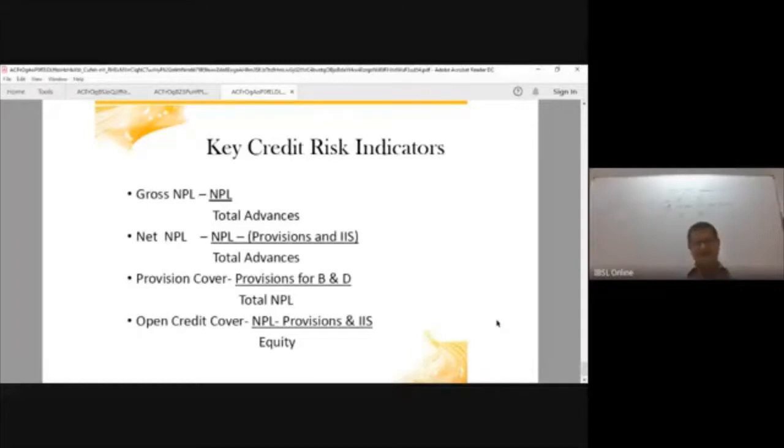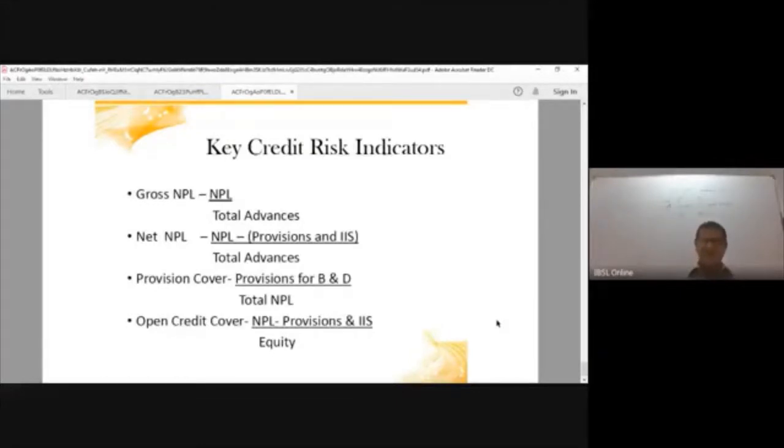There's another key risk indicator in credit. We call it open credit cover. Now, open credit cover is similar to net NPL: NPL less provisions and IIS divided by equity.